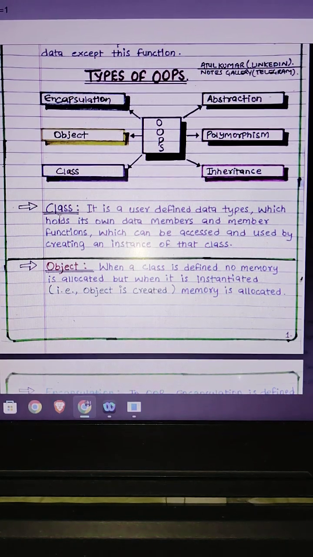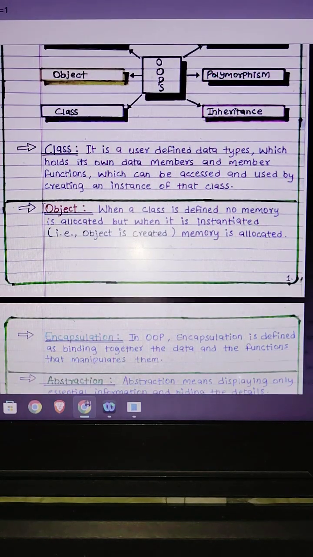So class is basically a user defined data type.